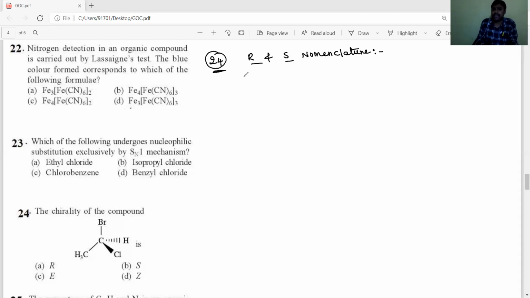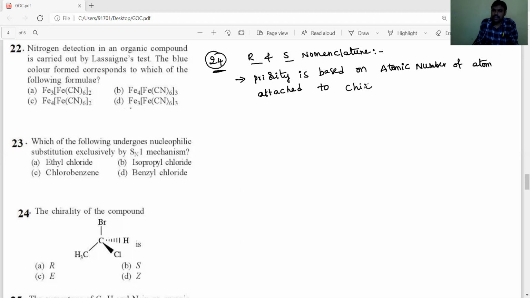Based on priority, which is based on the atomic number of the atom attached to the chiral or asymmetric carbon.